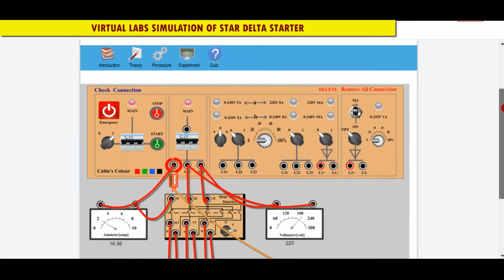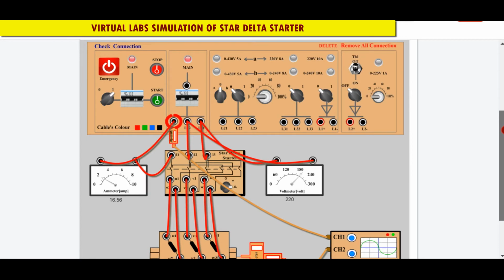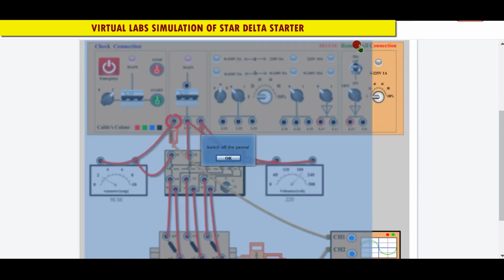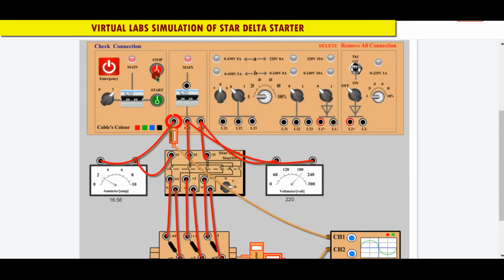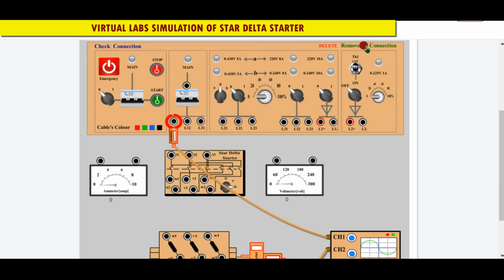As you can see over here, this is the MCB panel, the supply panel. This is the MCB with the on/off button, and these are the three lines or phases L1, L2, L3. So let's switch off the panel, and then it will be removed.